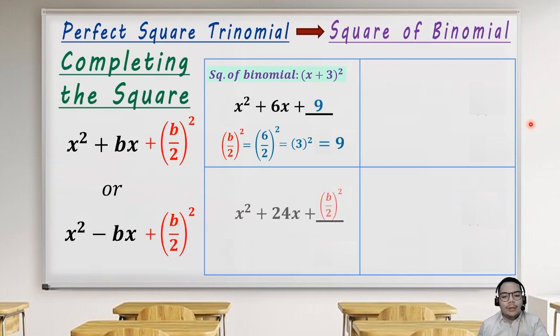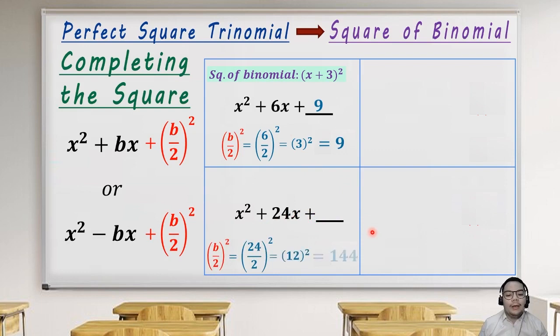So let's try this number. For example, you have x squared plus 24x plus blank. I already placed the formula so that you'll have an idea. Once again, let's place that formula there. We have 24 divided by 2, since 24 is the value of our b, and we get 12.